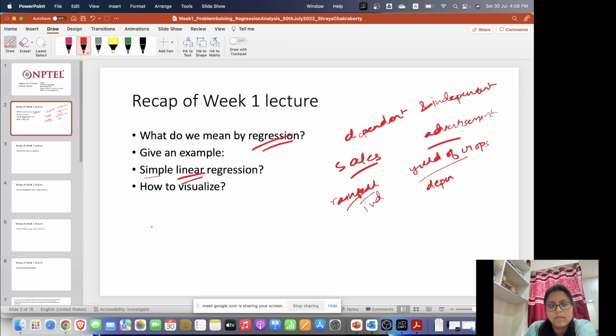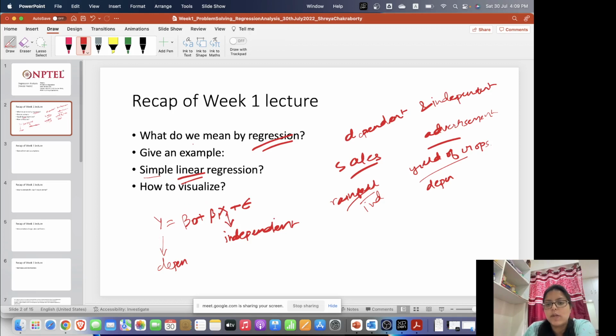Only one dependent variable and only one independent variable. So if this is my equation, then this is my independent variable and this is the dependent one. Y depends on the values of x.